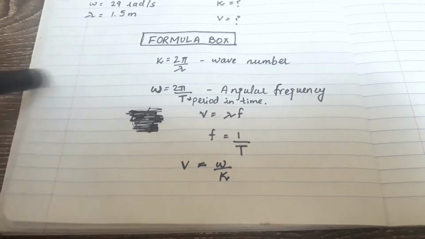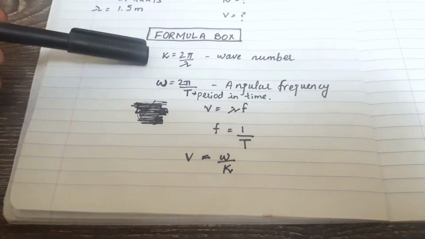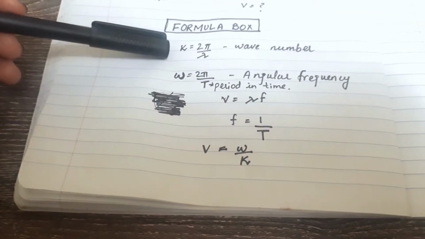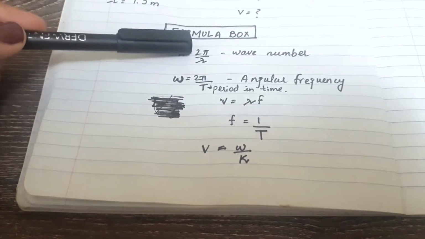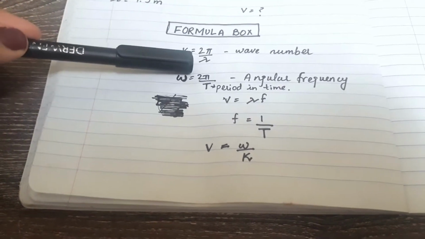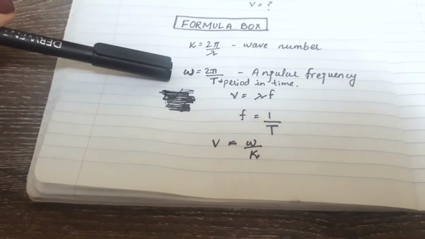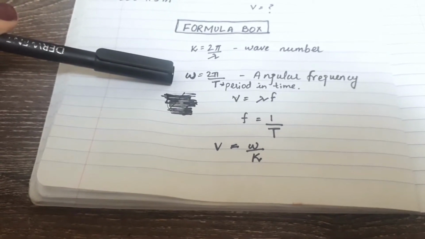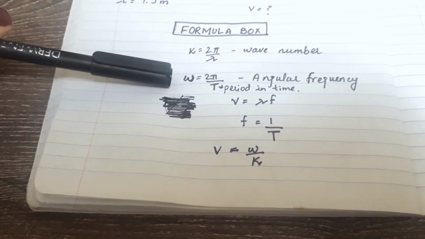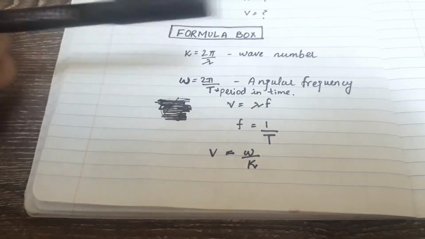We have the formula for our wave number, which is 2 pi radians divided by my wavelength, and my angular frequency formula, which is 2 pi divided by the period in time.